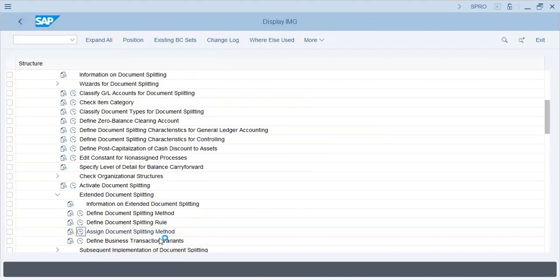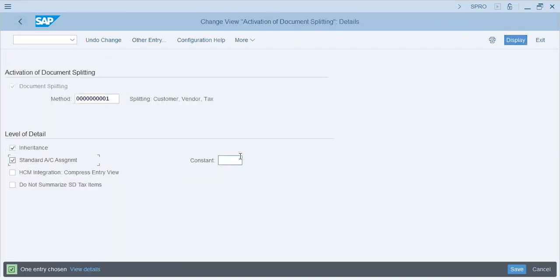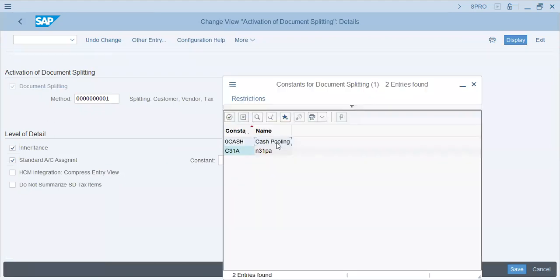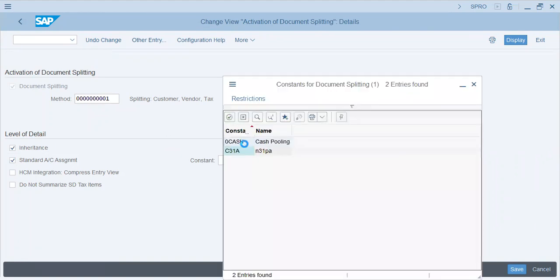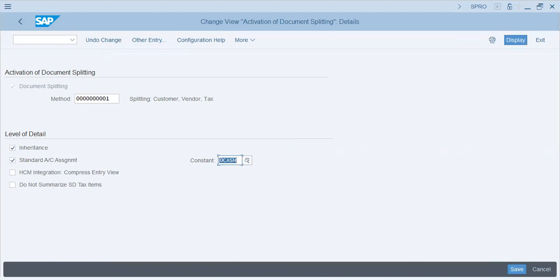Acha, one thing more. Standard account assignment, we will use a constant if we are checking this standard account assignment. Cash pooling, C31A. Let's take it. Let's take an experiment. Cash pooling. Save.